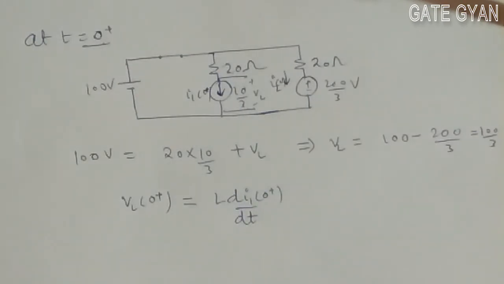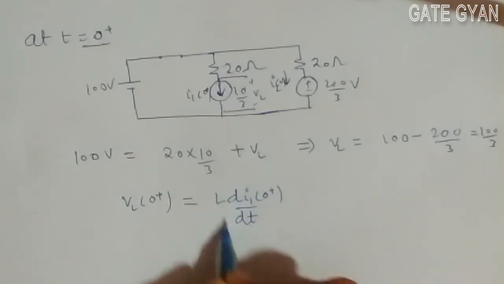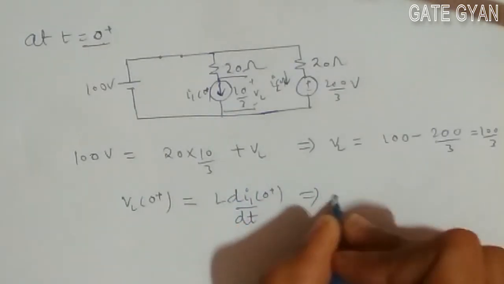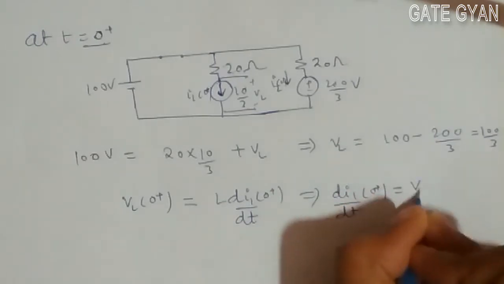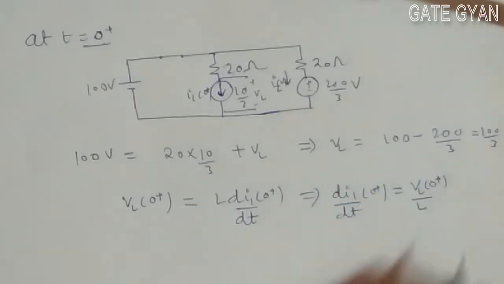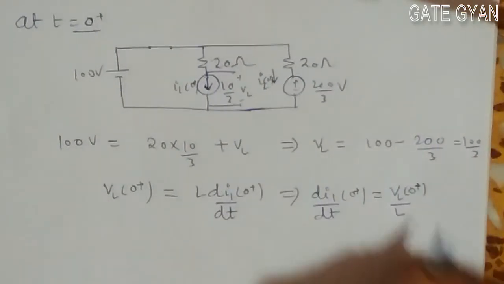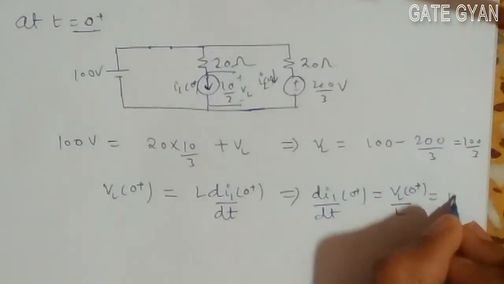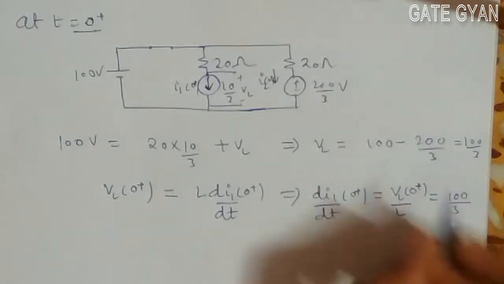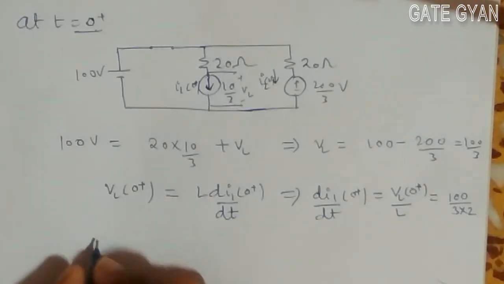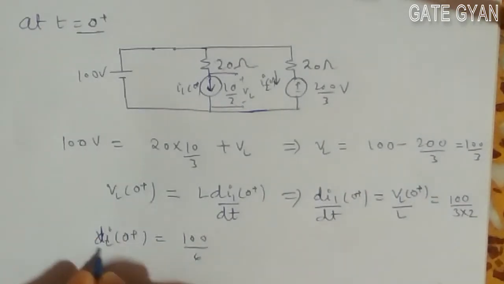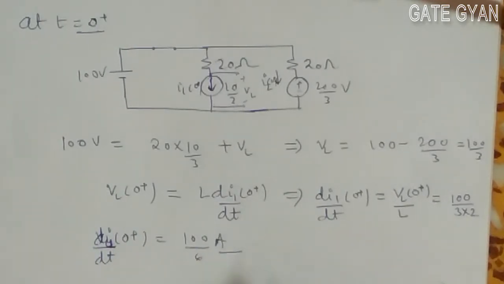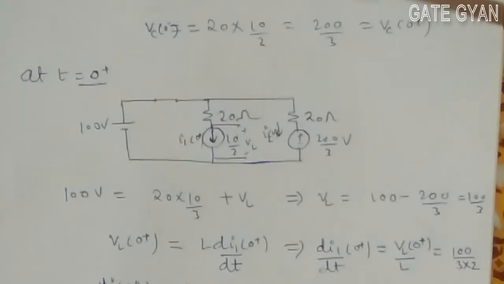So from here I can get di1 by dt at 0 plus equal to VL of 0 plus by L, and this will be equal to 100 by 3 and inductor is 2 Henry. So sorry, di1 by dt of 0 plus will become 100 by 6 ampere per second.